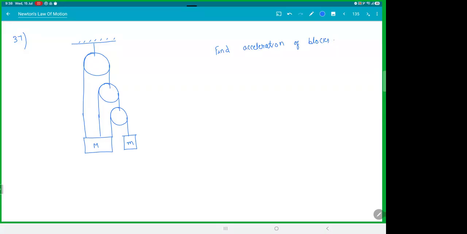Let's get this: FBD, constraints, equations, solve. It's slightly lengthy, so give it a try.